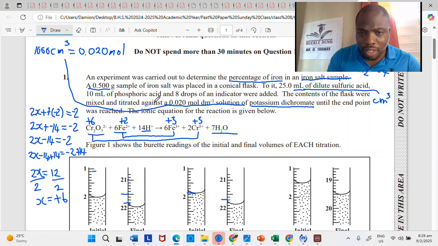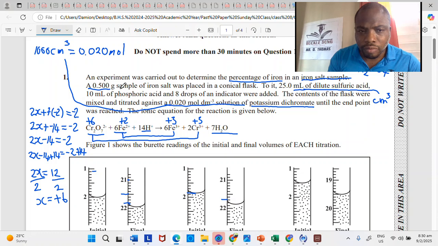So we need a beaker. What else would we need? A pipette. We would have gotten a sample in grams, so where would I get that sample, or where would I get the mass?